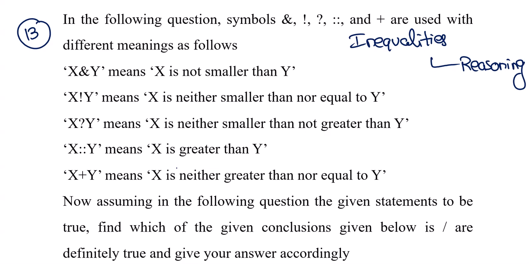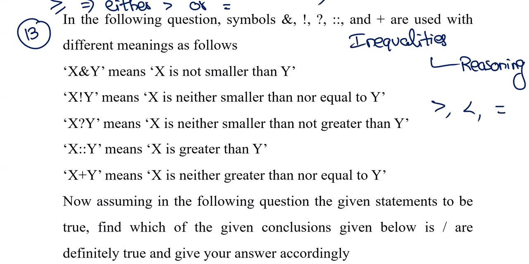Okay. Guys, first of all, you decode those symbols. Here, to waste your time, they are giving each symbol a meaning. In that, we have greater than, less than, equal, and this one, please read it properly. Either greater than or equal.